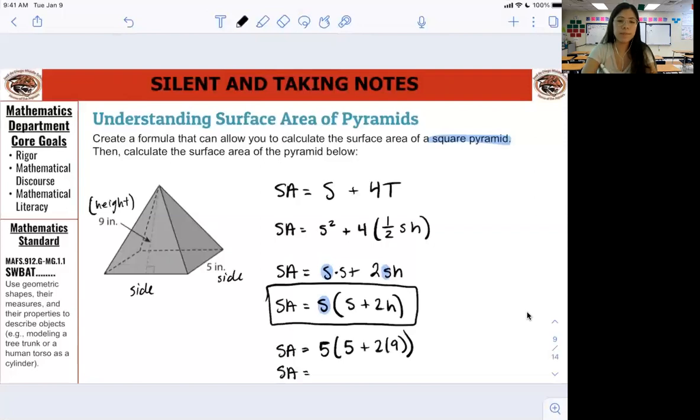Do we agree? Do we disagree? Perla agrees. Anyone else agree? Anyone else disagree? All right, Tyrone agrees as well. That's 3 people. That's good to me. Yes. So this would be 5 times 5 plus 18, which is 5 times 23, which gives you 115 inches squared.